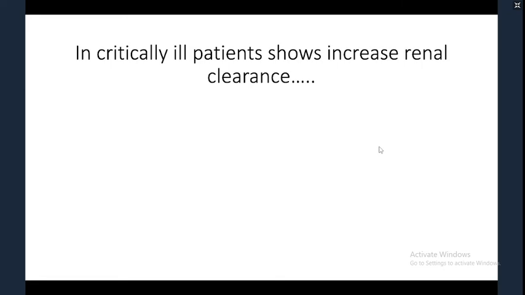In critically ill patients, there is increased renal clearance. That means whatever drug you give will be excreted from the body. It is known as augmented renal clearance.